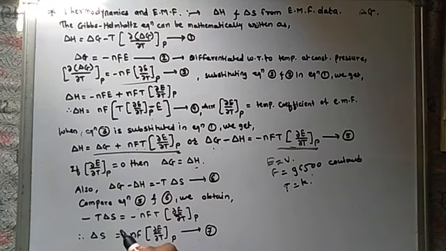Therefore, it is also known that delta G minus delta H is equal to minus T delta S. So this is equation number 6.